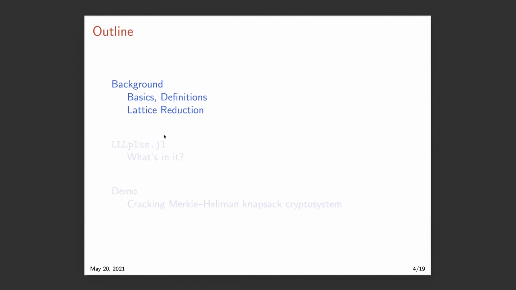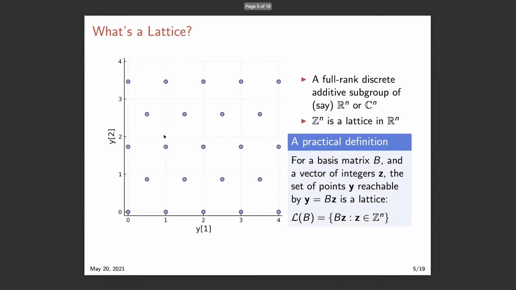Okay, so I'm going to start off with some background. The right side of this slide gives some mathematical definitions of lattices. For those of you that have a bit of background in linear algebra, one practical definition is using a matrix.